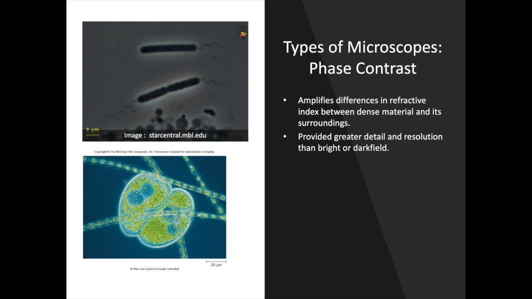So here at the bottom, we have a phase contrast image of some algae, and you can see there are some differences here. The background is kind of bluish gray, which we get with phase contrast, or it can look like black and white, almost close to dark field. And we can see that where the cells are more dense, like right in here, where all of these chloroplasts are inside of this algae cell, it's really dark.